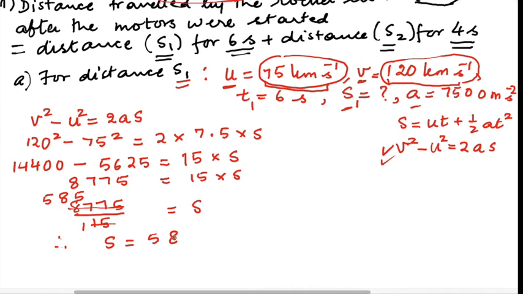So this will be 585 kilometers. So this is your S1. So this is S1, that is in the first 6 seconds. Okay, so this is the first distance.